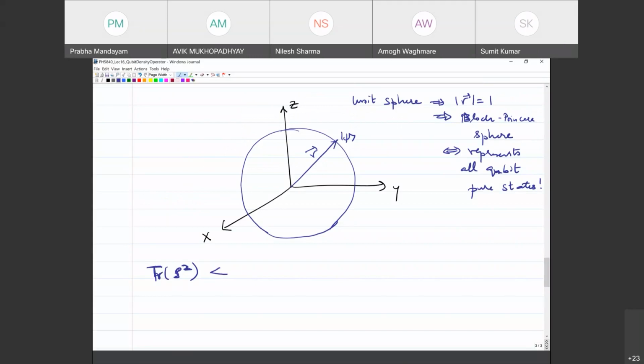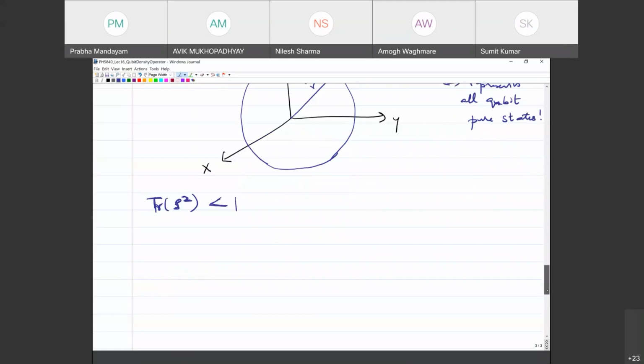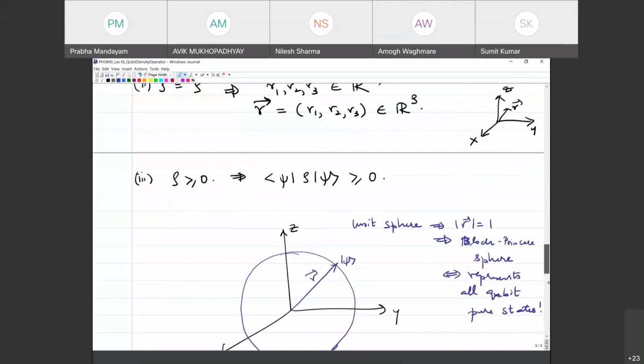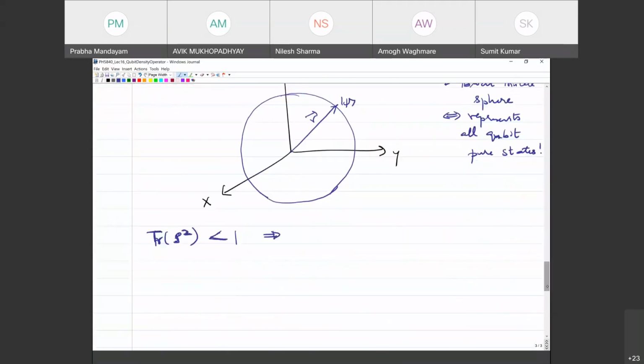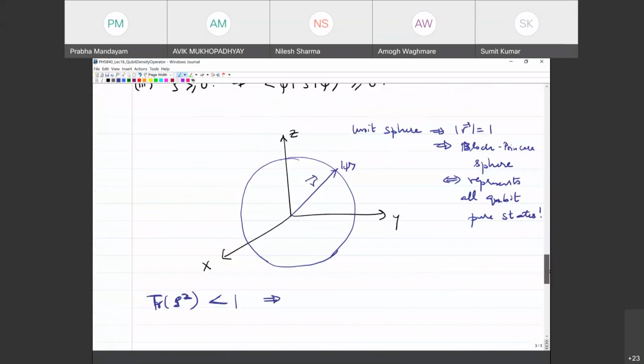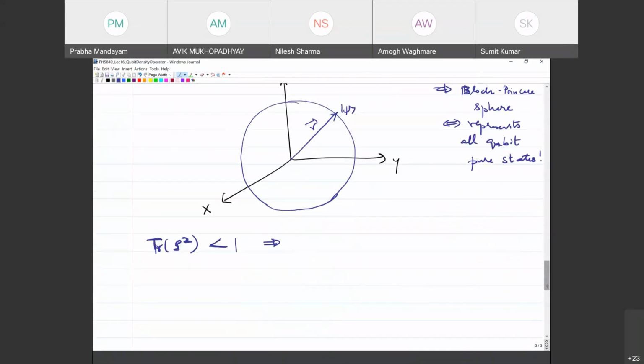It will be strictly less than 1. So because of this, what happens? Can you quickly work out what this implies? And then we'll come back to the positivity condition. If I impose this, you will get points inside the sphere, but please just work it out. I'll give you a few minutes to work this out, because it's also a useful exercise with the Pauli matrices and so on.